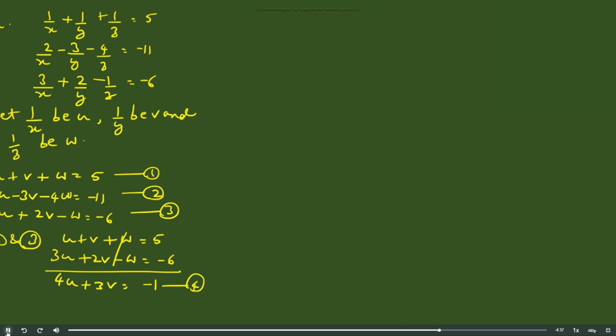Now we'll come to equations 2 and 3. We'll take the third equation and multiply it by 4. I will get 12u plus 8v minus 4w is minus 24, and I'll take equation 2 as it is: 2u minus 3v minus 4w is equal to minus 11.